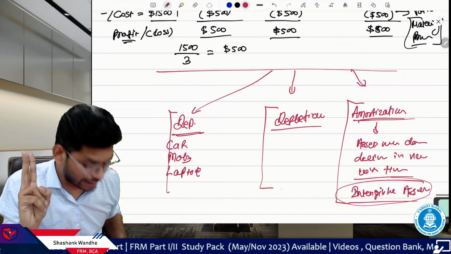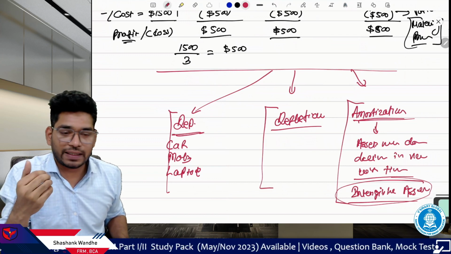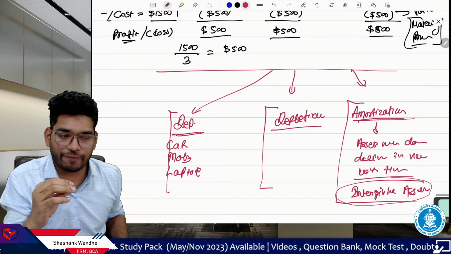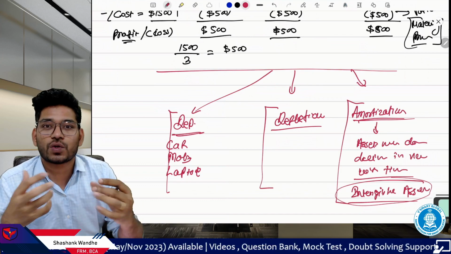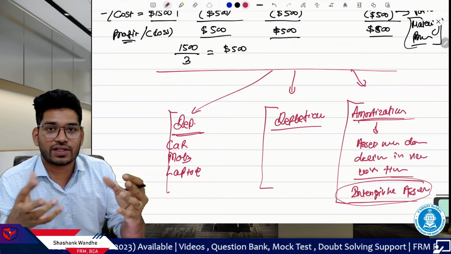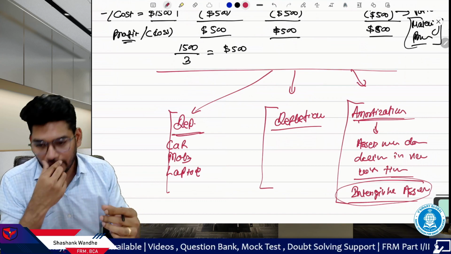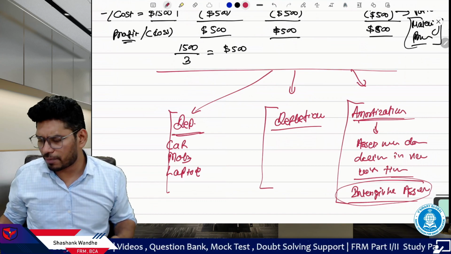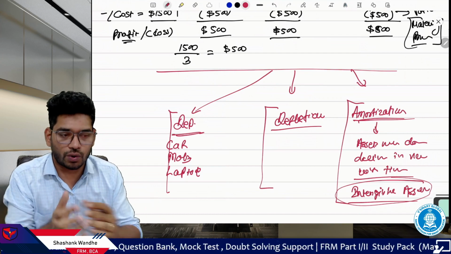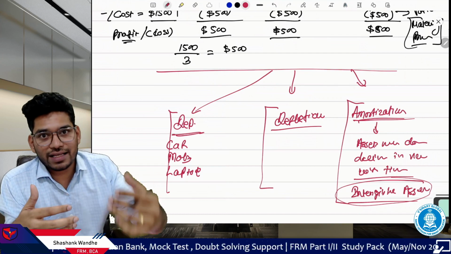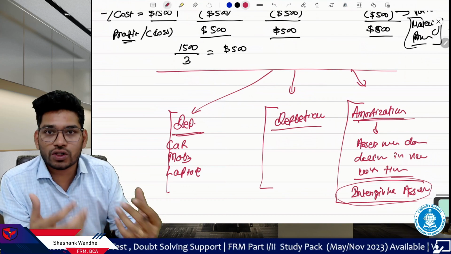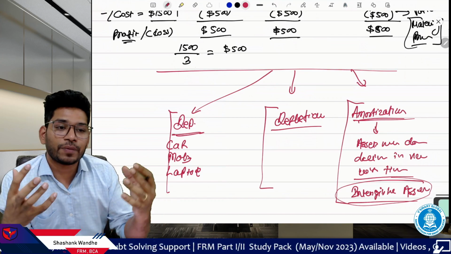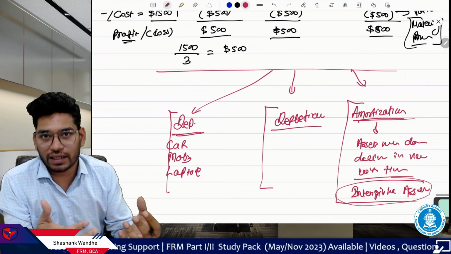Now the next is depletion. Depletion is used for specific assets, the assets which relate to natural resources, coal mines, oil refineries, or like that. Let's take the example of a coal mine or iron ore mine. As you mine all the coal or natural resources from these mines, the resources deplete with time, right?